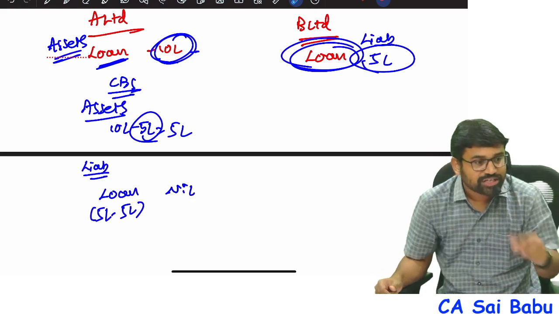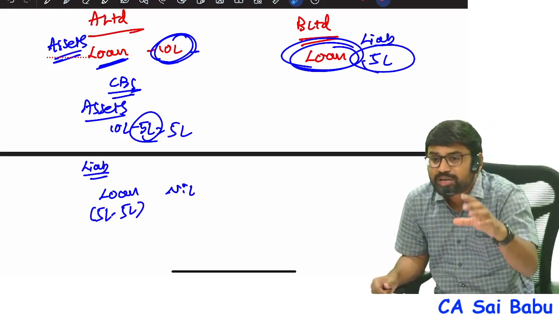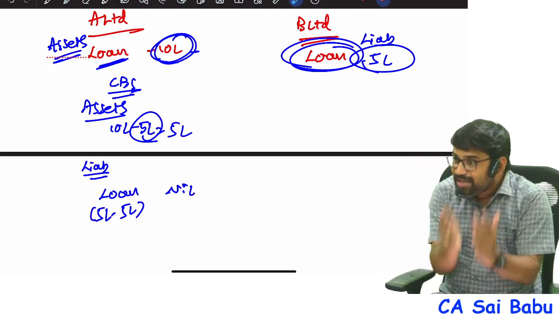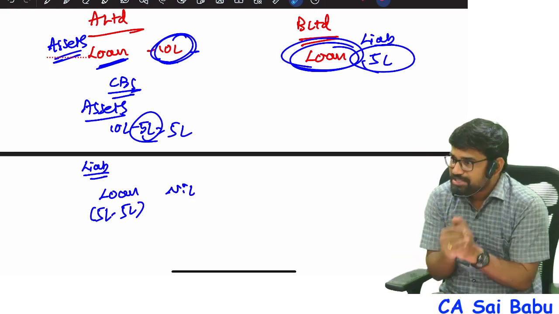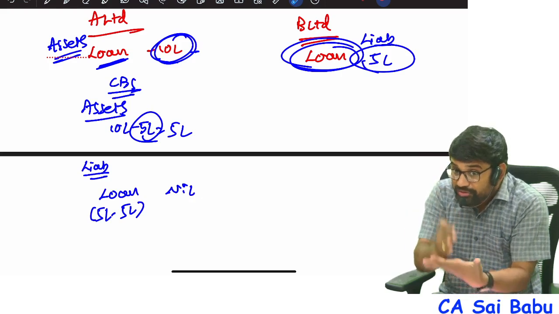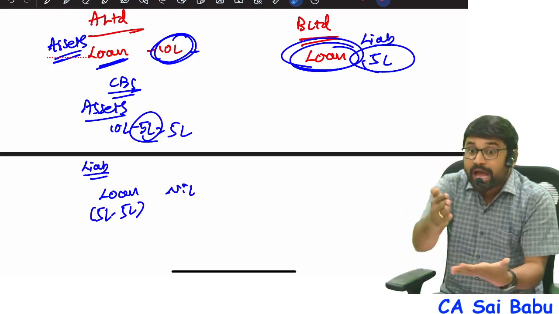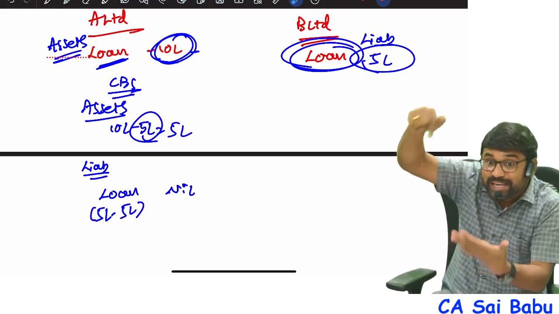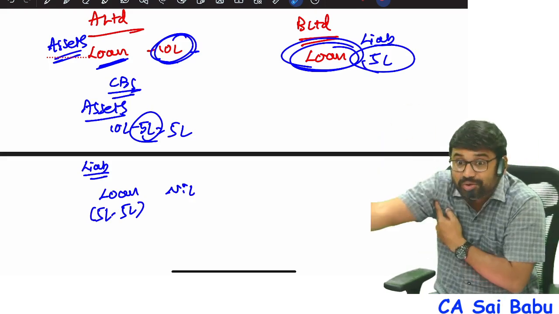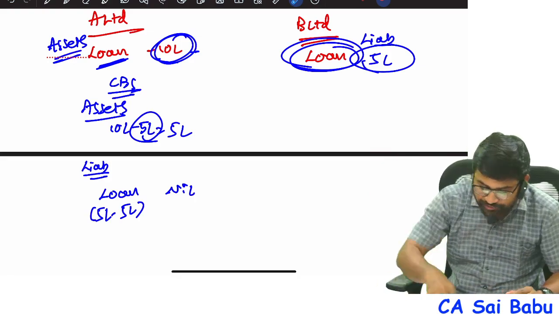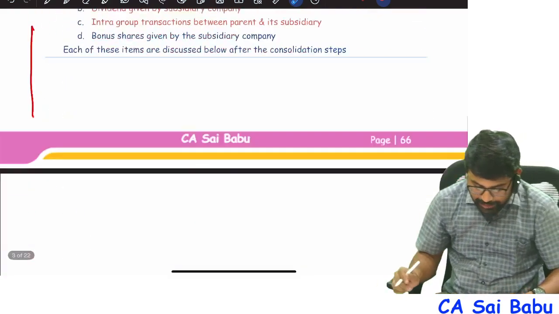And what is step number 8? Reserves for consolidated balance sheet. When you are preparing consolidated reserves, first you need to start with what? Parent company reserves. 3 important adjustments I told you. So, parent company share in the post-acquisition profits of subsidiary, unrealized profits, and any dividend given by subsidiary from pre-acquisition profits wrongly credited to P&L. Adjust. And last step, preparation of consolidated balance sheet.